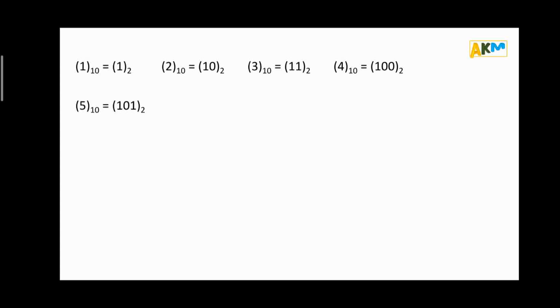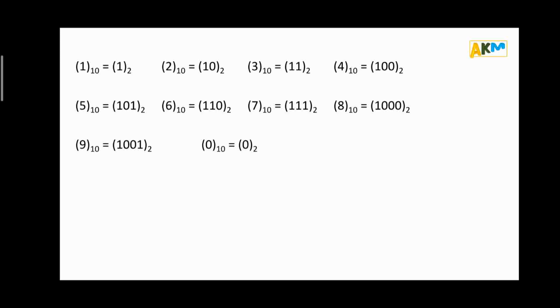Like this, 5 is 101, 6 is 110, 7 is 111, 8 is 1000, and 9 is 1001, and 0 in decimal system is equal to 0 in binary. So we have to remember this.